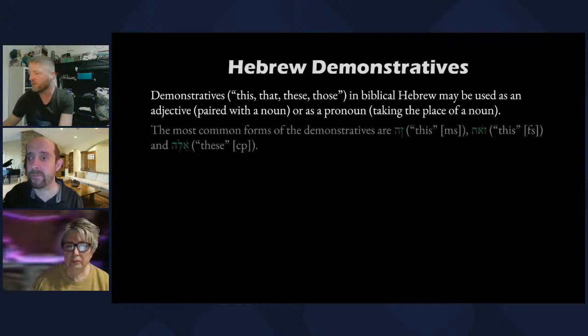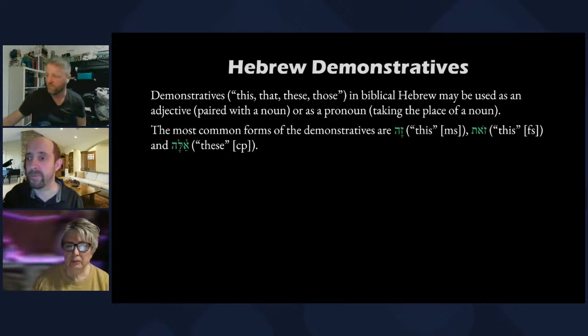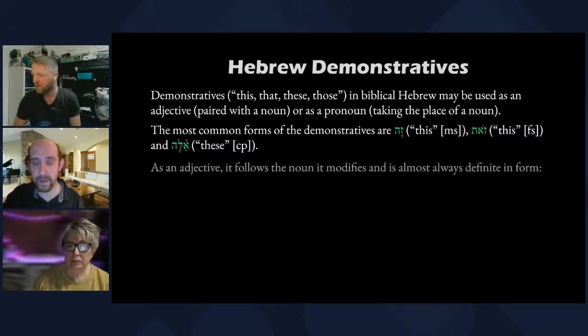And when it's paired with a noun, it's an adjective. So it's going to be the same in Hebrew. The most common forms of the demonstratives are ze for masculine, zot for feminine, and in the plural, common plural, it is elle. So we say CP because it's common plural: masculine singular, feminine singular, common plural, common meaning it's the same for masculine and feminine.